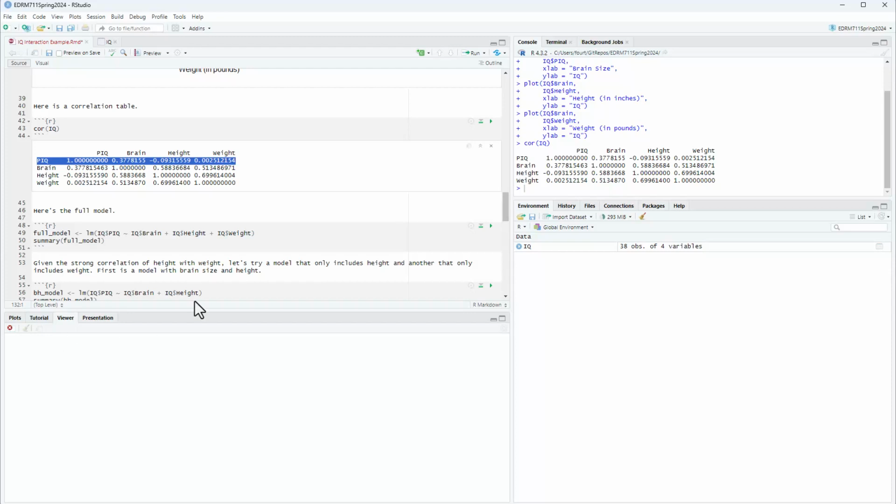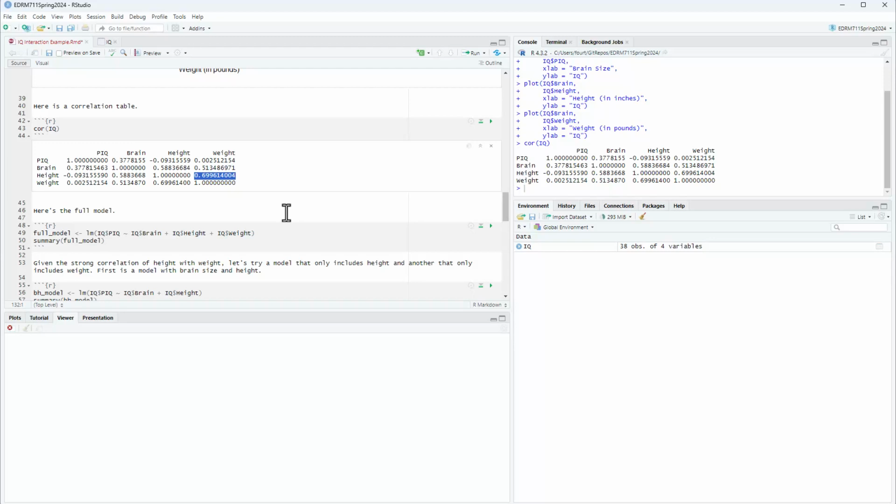The largest correlation that I see is among weight and height. That is, the taller you are, the heavier you are, which makes sense. This is 0.70. So that's a pretty strong correlation among height and weight. I'm going to keep that in mind when I create my model because much of the variation in height overlaps with the variation in weight.